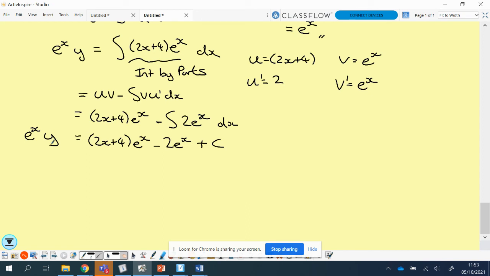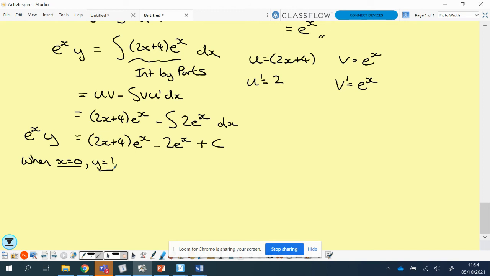Okay, we can rearrange this just now if we wish, or we can put in the data just now. I'm going to put in the data. When x is 0, y was 1. That's the data we're going to use to find the value of c. So let's put that into our equation.